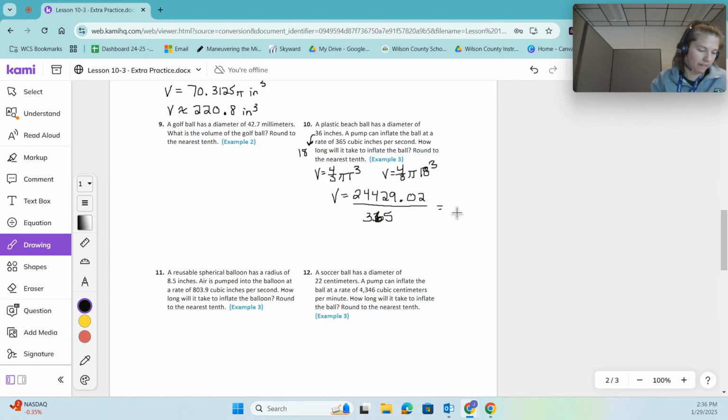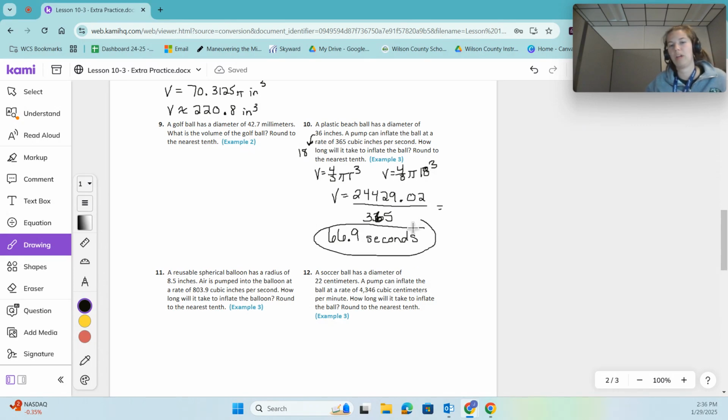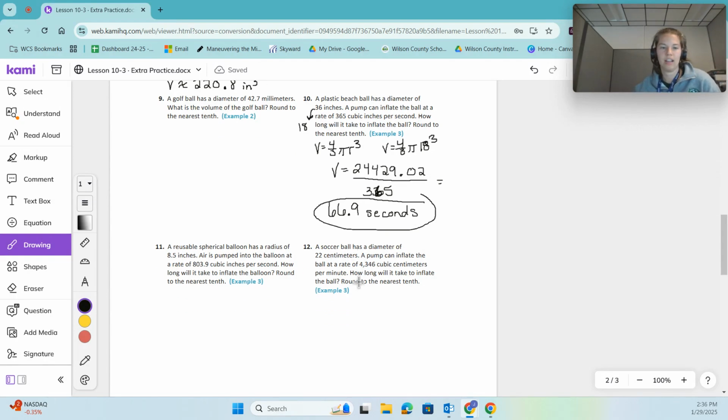It will take approximately 66.92 seconds. That 2 is going to round, so keep that 9 the same. That's going to be in seconds, so 66.9 seconds. There are two more similar to that right there.